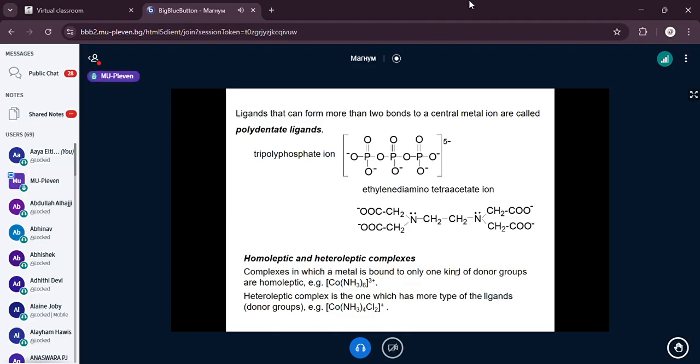Also, the polydentate ligand ethylene diaminotetraacetic acid, which you use in practical exercises. So try to learn this structure.